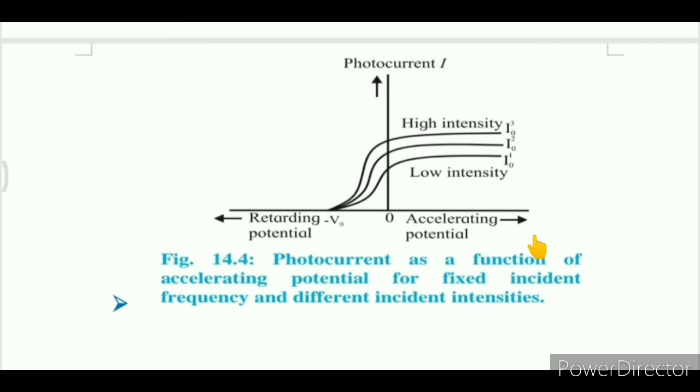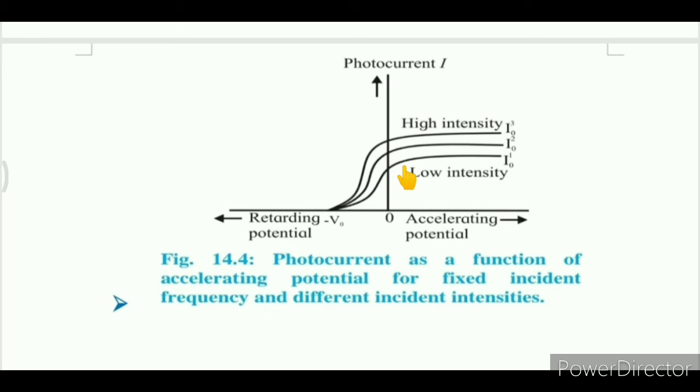Here in this experimental setup, we are increasing this positive potential, and each time we are recording the photoelectric current. So it is observed that as we initially increase the positive potential, the current also increases.